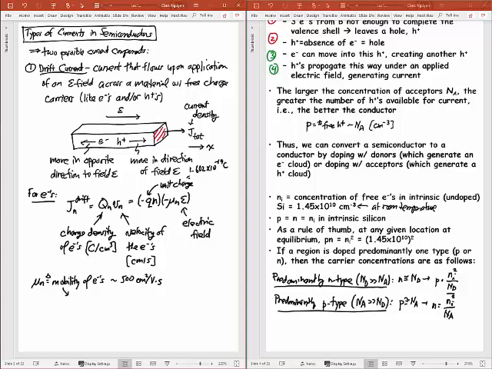Mobility here models the fact that electrons collide their way through a material. Okay, so let me write that down. So, models the fact that electrons collide their way through a material.